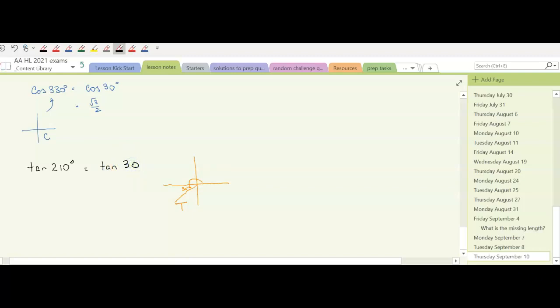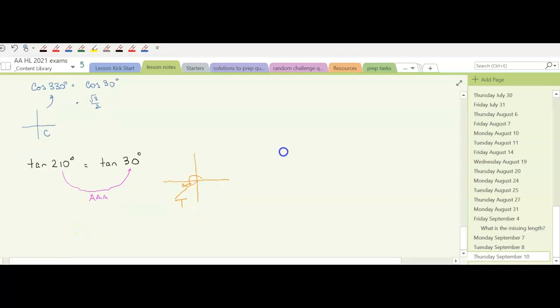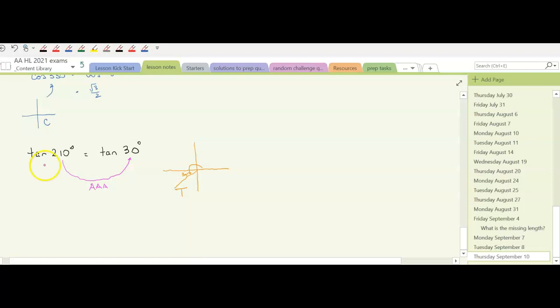So you see I'm picking up on two things here. I'm picking up that 210 to 30, that's the associated acute angle, that's my A. The other thing I'm picking up is that tan, in this case in the third quadrant, is positive.